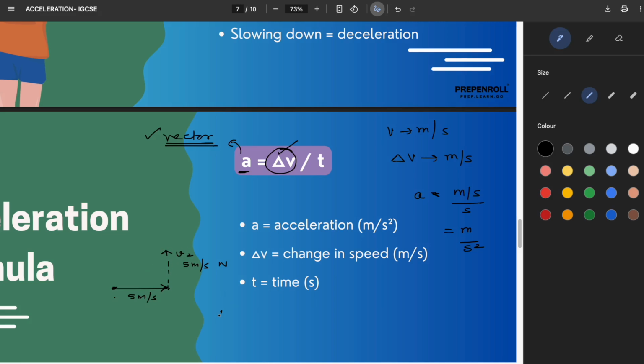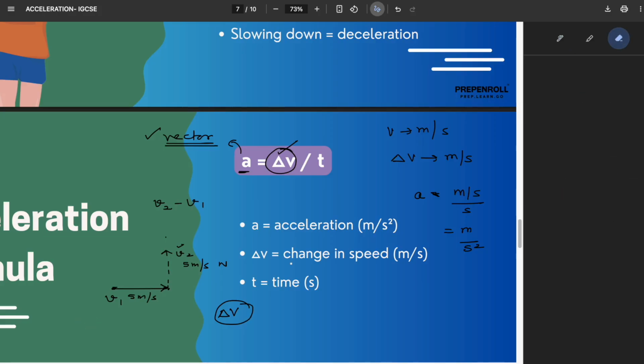If I want to find the change in velocity, that is delta V, how could I do that? I would use the subtraction of vectors, V2 minus V1, where V1 is my initial and V2 is my final. The direction in which the velocity changes would be my direction of acceleration. Let's talk about how we do that.